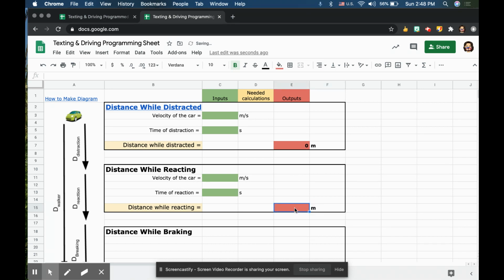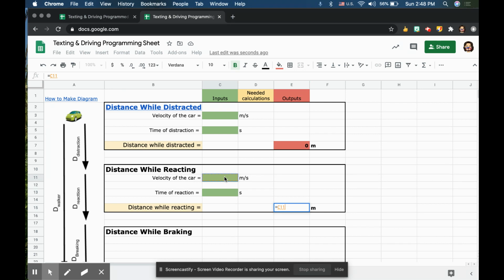And to find distance, remember the equation is distance equals velocity times time. So I'm going to make sure I'm clicked on E15 because this is the exact spot that I want to program. First thing is you click equals, and then this box, which is C11.